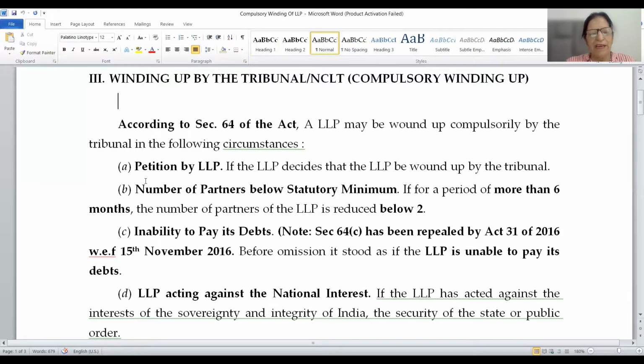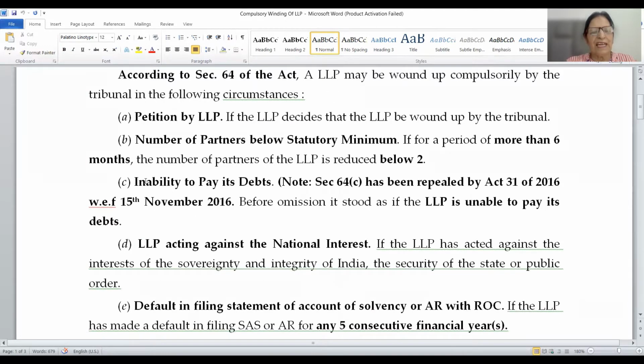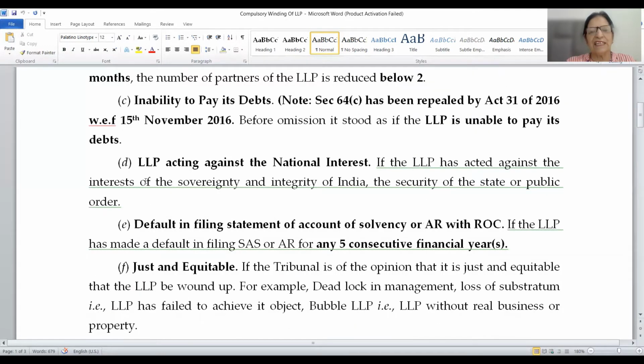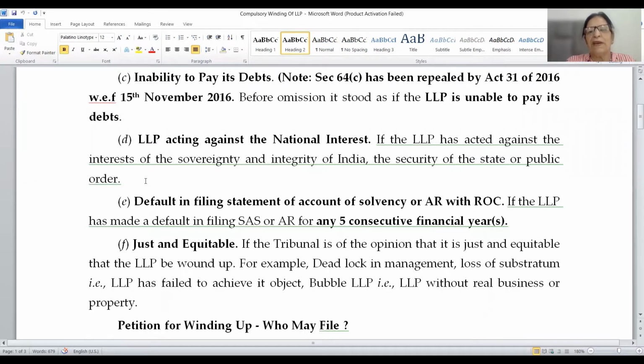Now moving ahead, the fourth one is (d): LLP acting against national interest. If the LLP has acted against the interest of the sovereignty and integrity of India and the security of the state or public order, that is, LLP has not discharged its duties keeping in mind the integrity of India, security of the state or public order.